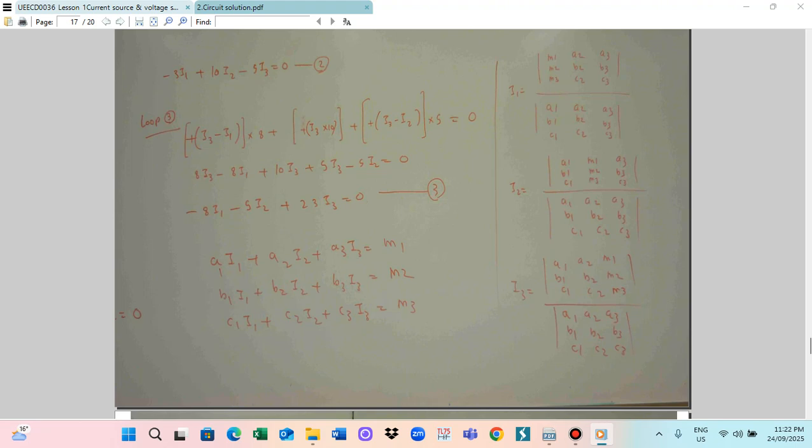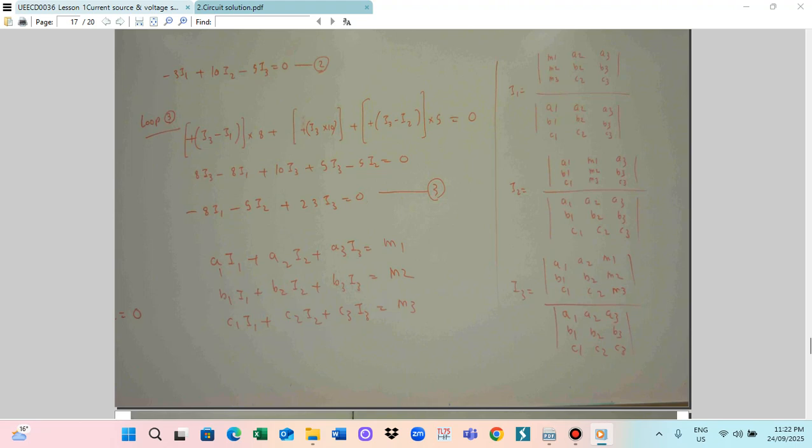I1 is equal to the determinant with N1, N2, N3, then A2, B2, C2, A3, B3, C3, divided by the determinant of A1, B1, C1, A2, B2, C2, A3, B3, C3.